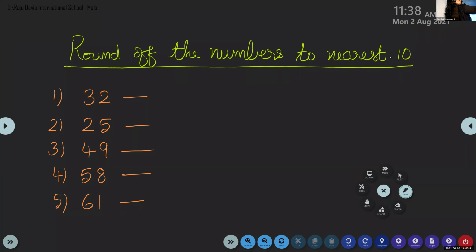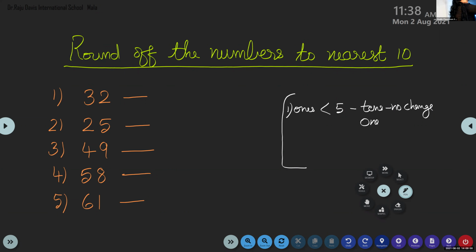I'll just write the rules here. First rule, ones less than 5. Tens, no change. Ones will be 0.